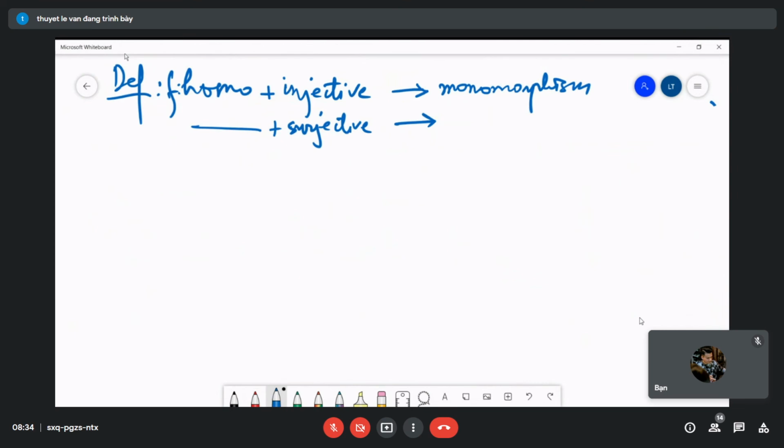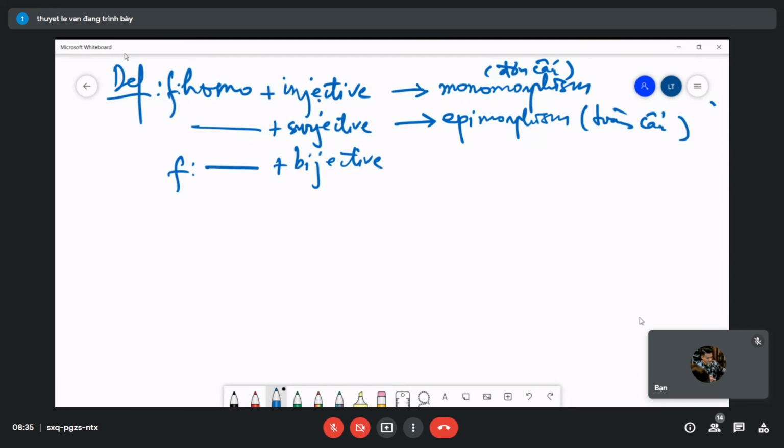Toàn ảnh đúng không? Đây là đơn ảnh. It will be epimorphism. In Vietnamese, we say that the toàn cấu. And in Vietnamese, that is called đơn cấu. And then bijective.